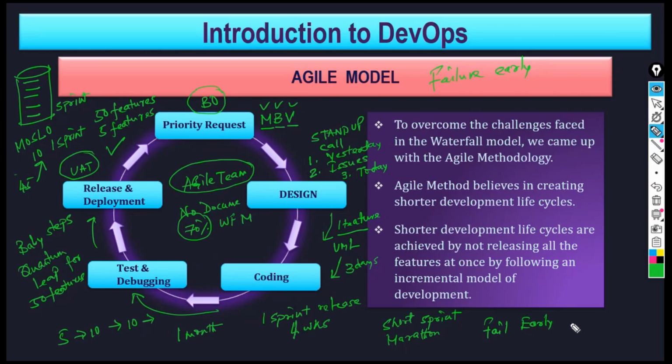That is the motivation of agile. Because you know where you are failing and you can do a quick recovery, correction measure. You can take a correction measure immediately. Okay. Any question?